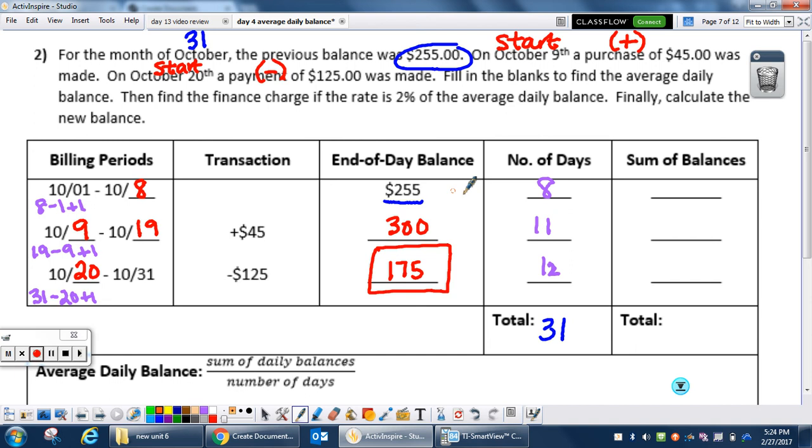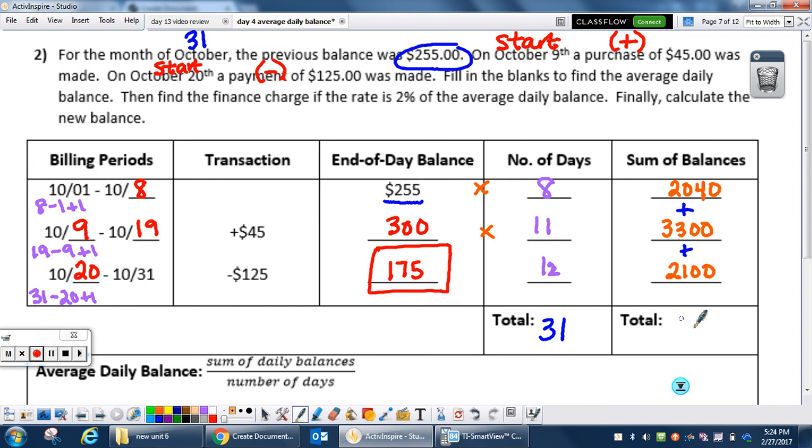Then you work across. 255 times 8 is 2,040. 300 times 11 is 3,300. And 175 times 12 is 2,100. Okay, so remember you add down.